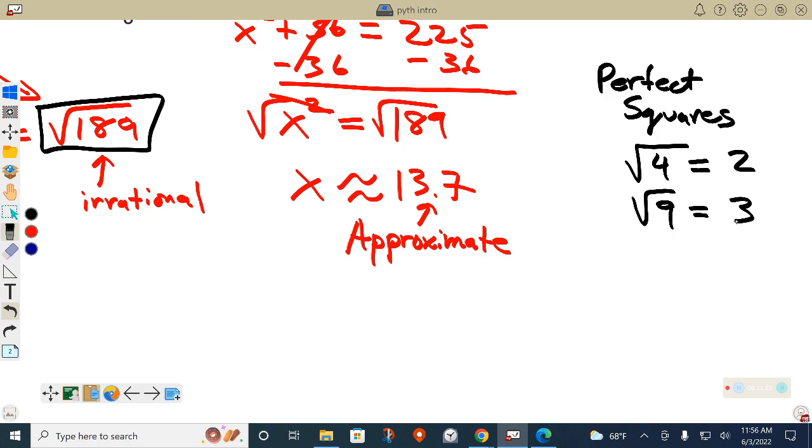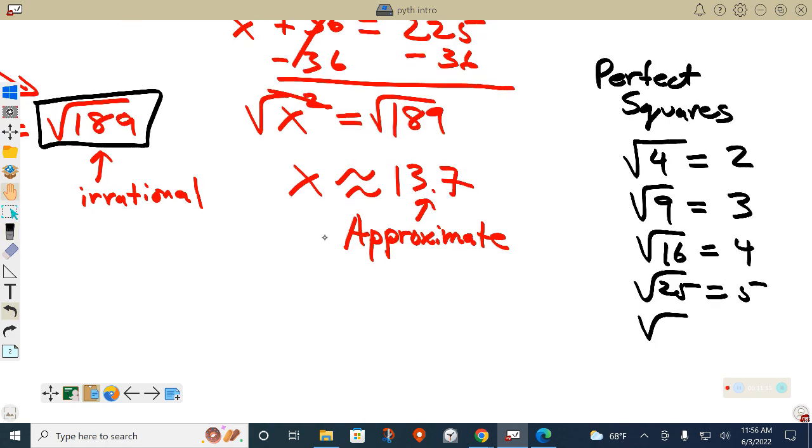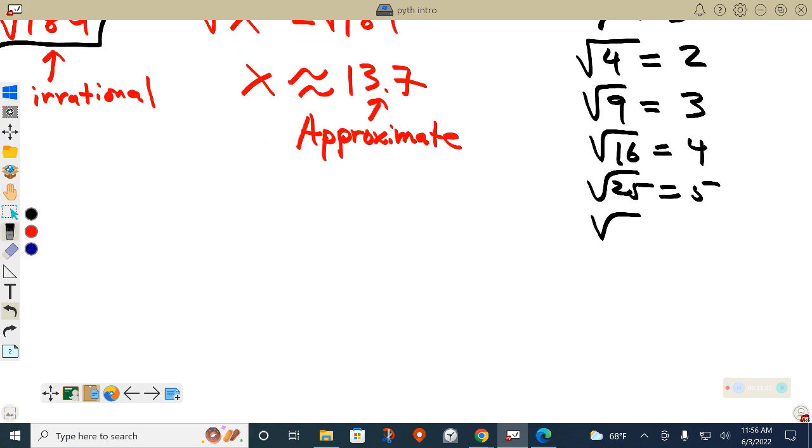What's the next one after 9? 16. Now we're talking. And we got 25. Now we're talking. Right, 81 is 9 times 9, so we can keep going. So let's just go up to 9. Here we go. Do it with me. So 25, the square root of 25 is 5. Square root of 36 is 6.